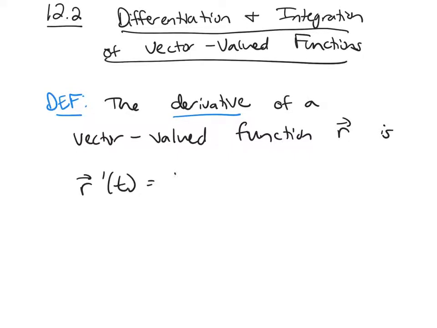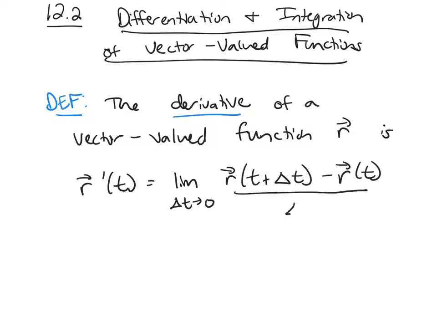It's defined in terms of a limit: the limit as delta t goes to 0 of R of t plus delta t minus R of t, over delta t.